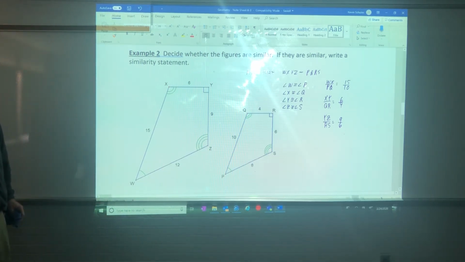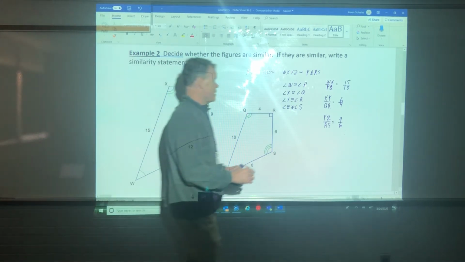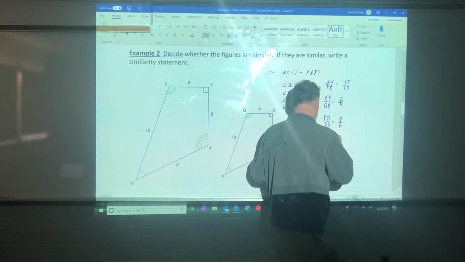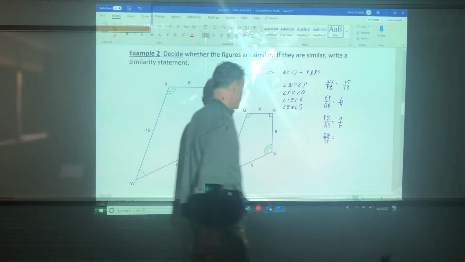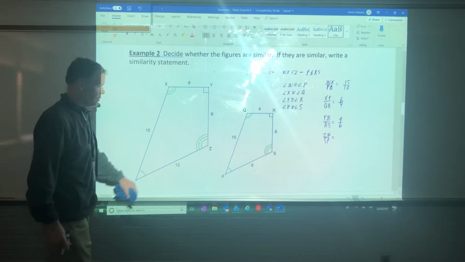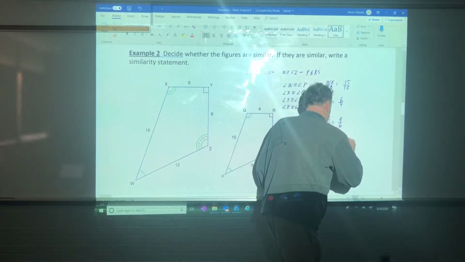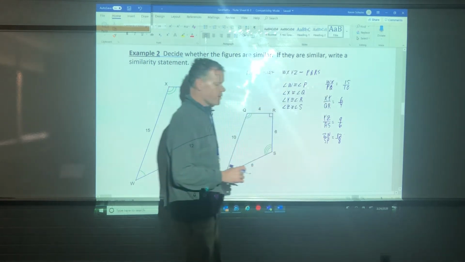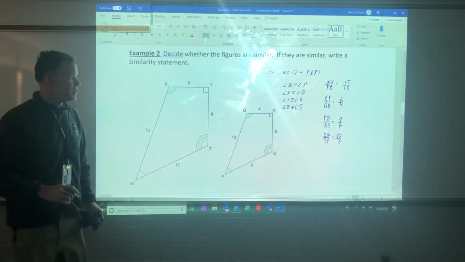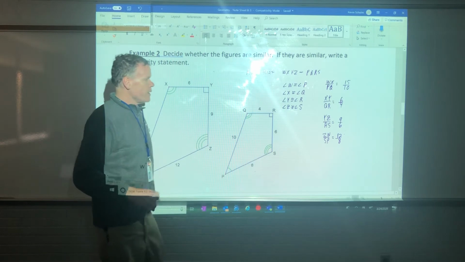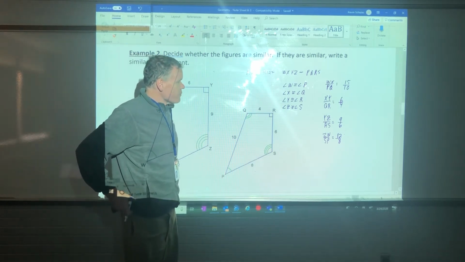And then finally, you're going to have ZW over SP, and you're going to get 12 over 8. Obviously they're all different numbers, but if you think about a proportion, it has to reduce down to give you the same ratio.